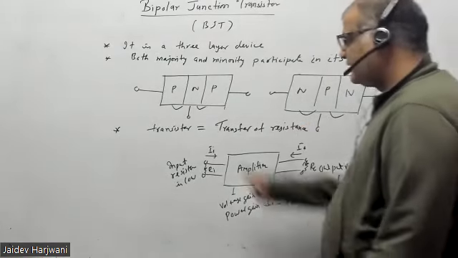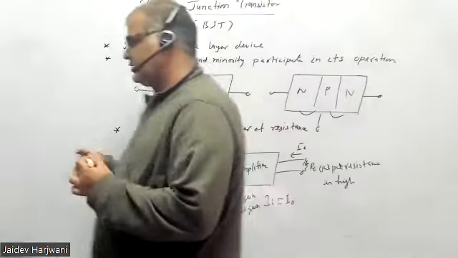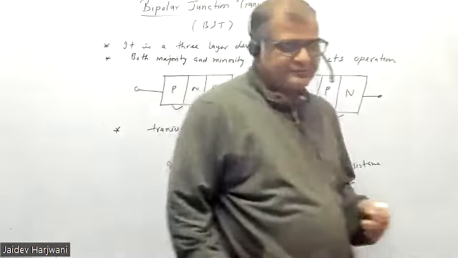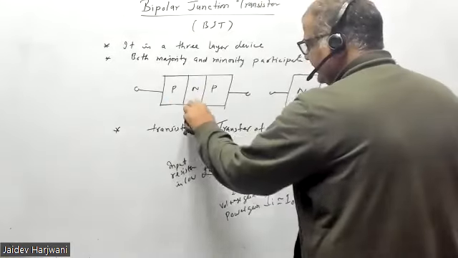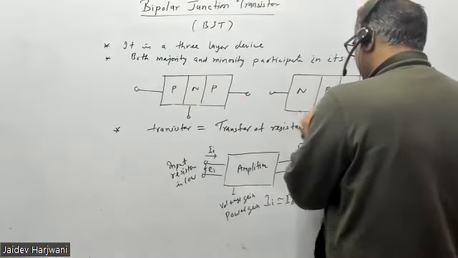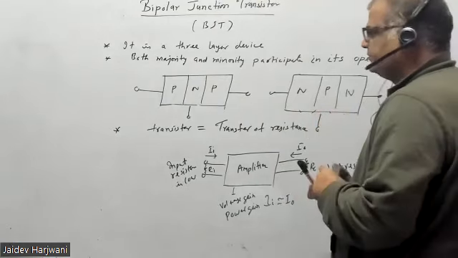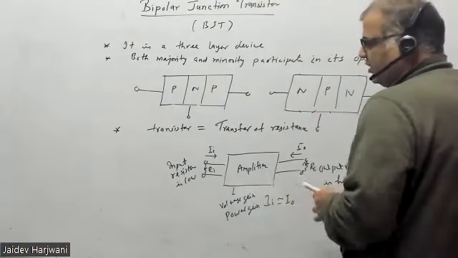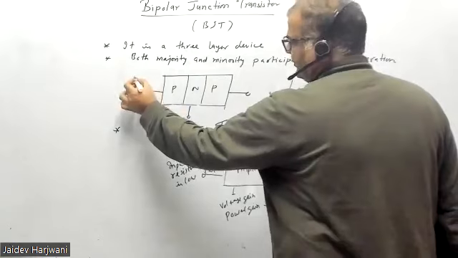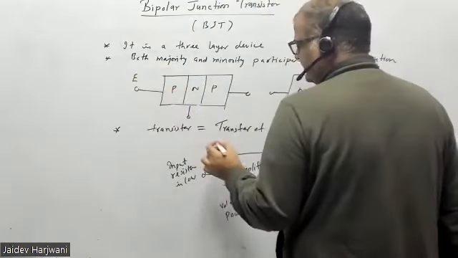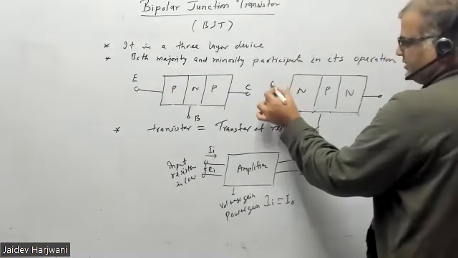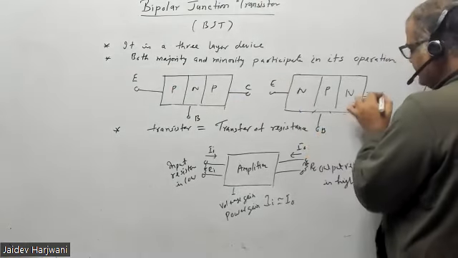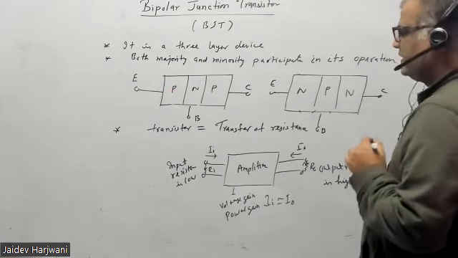Now let us understand the device structure in detail. I told you that we have three layers, no? And three terminals. One terminal is called your emitter, the other is called your base, and the third is called your collector. So this is the emitter, this is the base, and this is your collector.